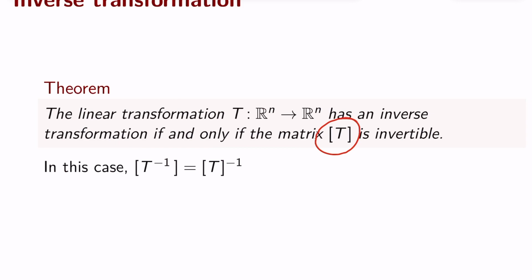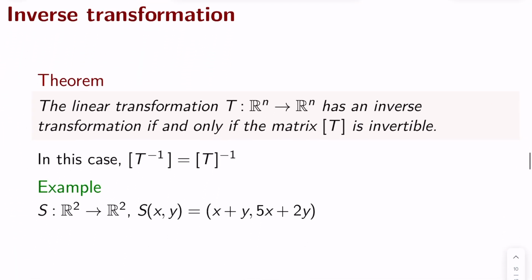And in this case, if this matrix is invertible, we can say that the matrix associated to the inverse transformation is the inverse of the matrix associated to the transformation, using the method of inverting matrices that you learned before.